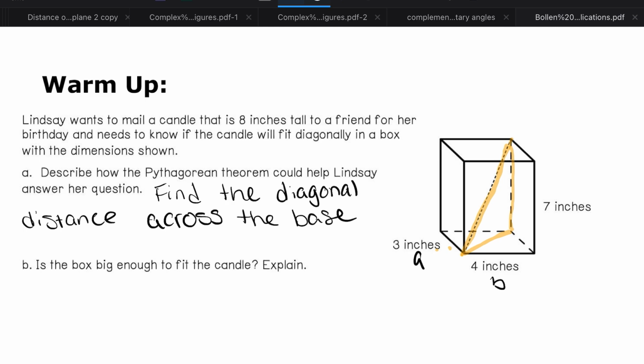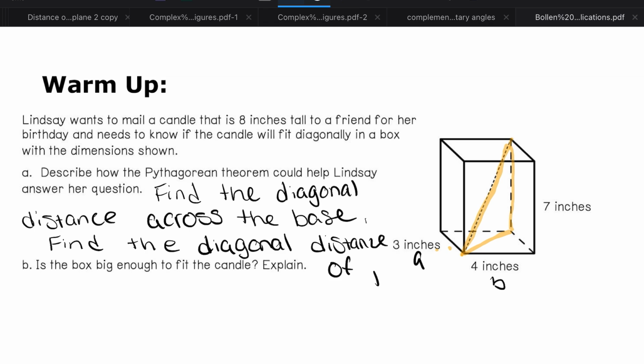The next step would be to then, using that, find the diagonal distance of the box, which is that orange triangle. So we first have to figure out the base of this orange triangle.